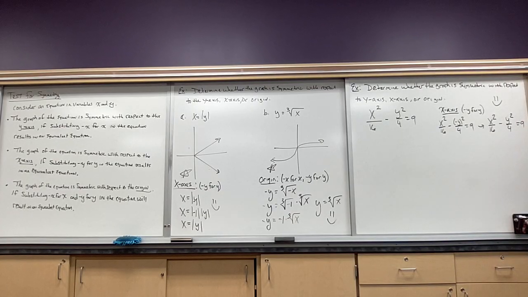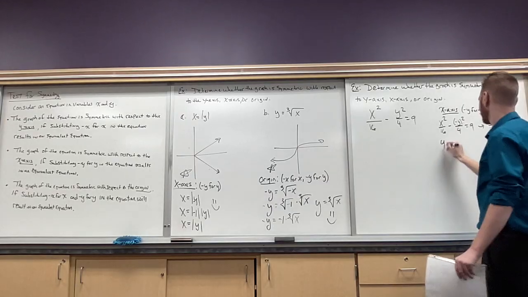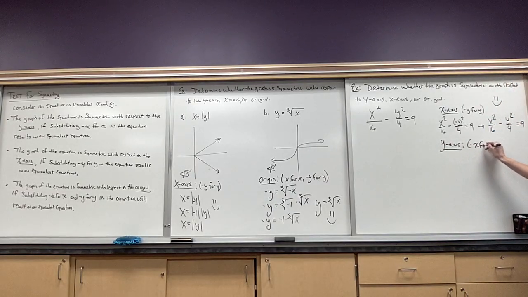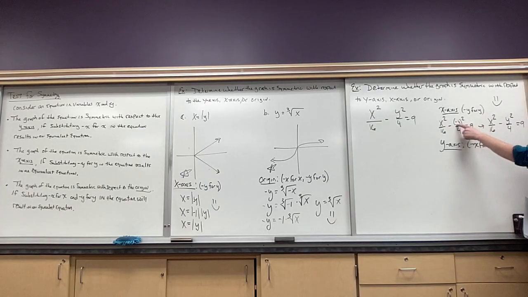But that's not all. There's more. Let's try y-axis. So negative x for x, right? If the negative squared makes it positive, why is it positive squared still? Wouldn't that take the square root? No, you're just squaring this number. Well, this variable, I should say. You're not solving it. You're not doing the opposite.